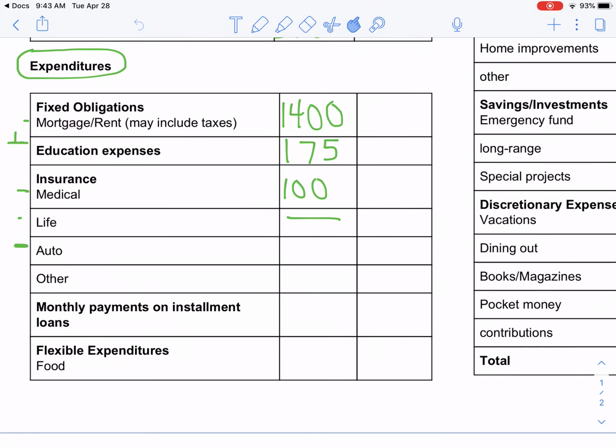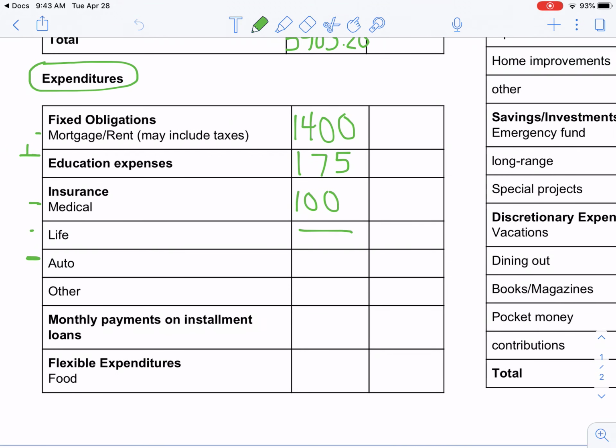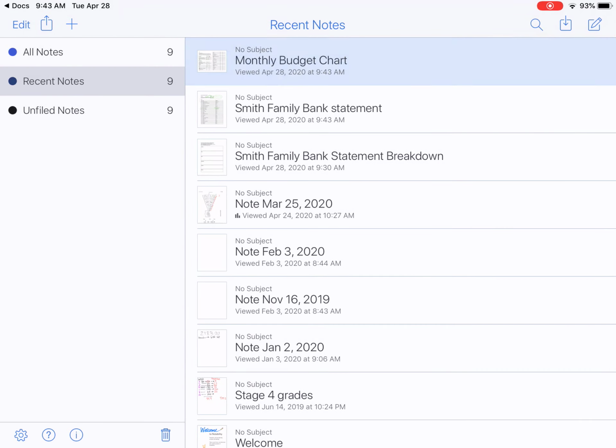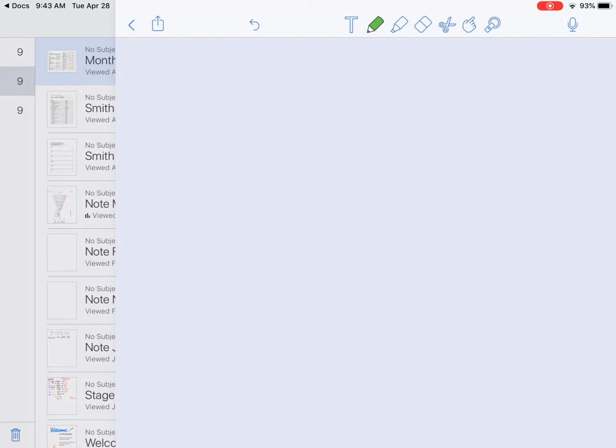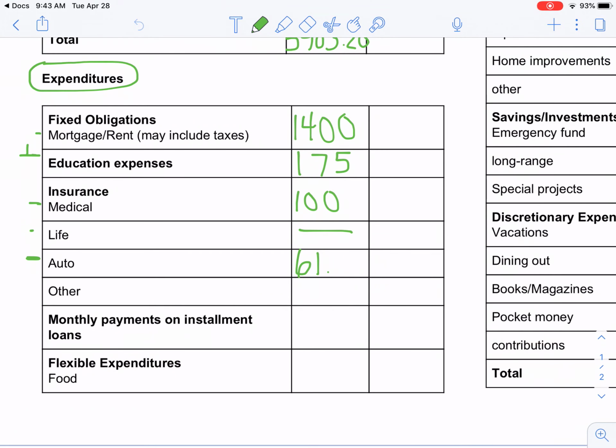So we're going to fill that in. $61.24. And then other, we're going to leave blank at this moment in time. So we'll just draw a line through that.